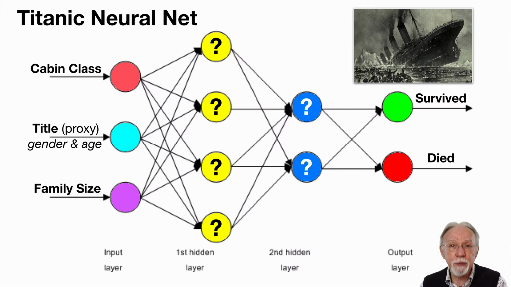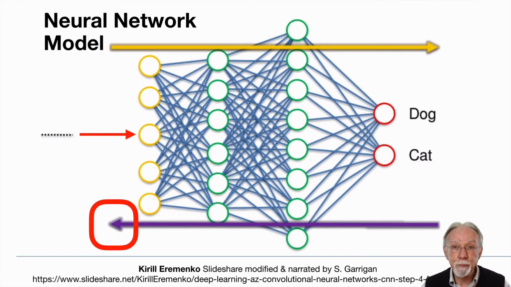The first layer of hidden neurons then process those numbers and forward them on to the second hidden layer, passing through, again, a system of weights to modify those up or down. And those move on to the final output neurons that show whether a passenger is predicted to survive or to die.